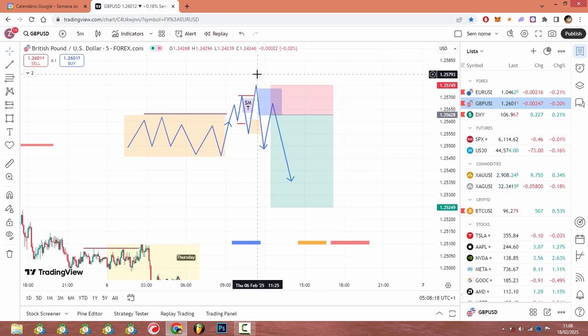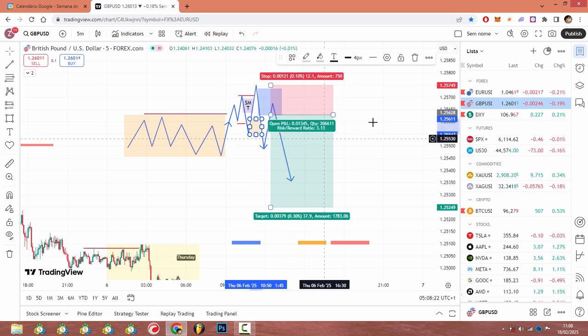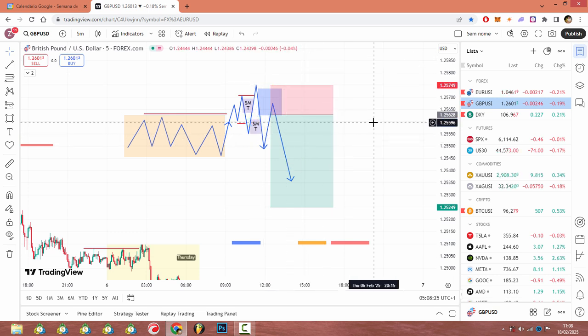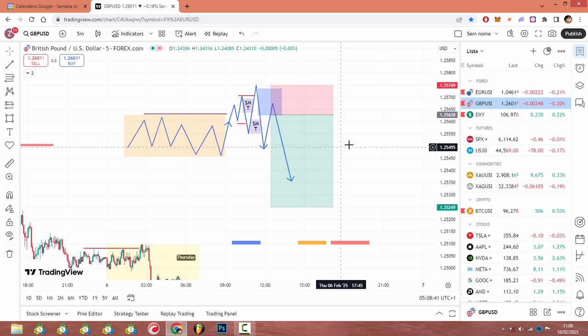And once they're out, once everybody's out, is when you want to be trading, because that's when the move is going to be delivered. That's where the actual smart money has gathered all the lots from taking people out, and then the move can be delivered, right? But this is a more complex subject, and if you want to know more about it, you can check my other videos, because I do talk a lot about smart money traps.